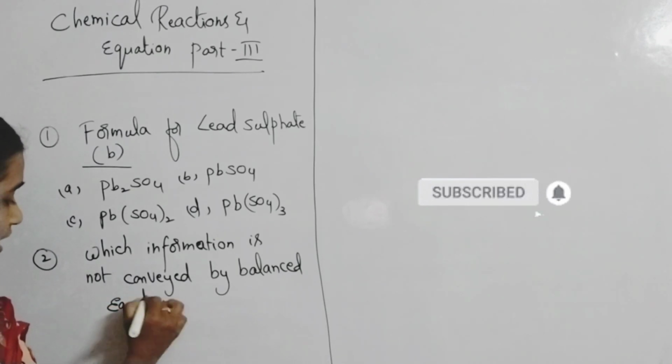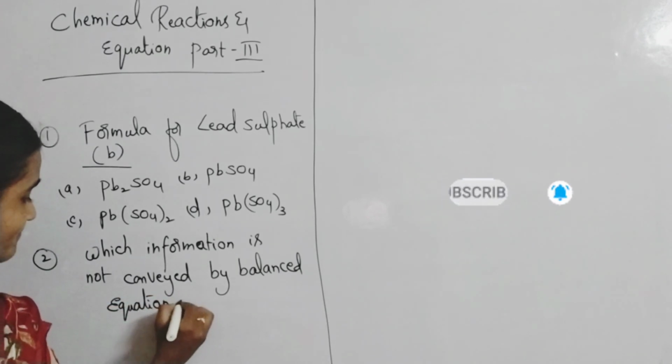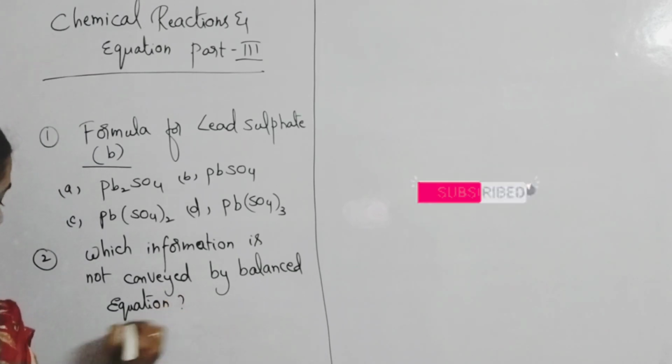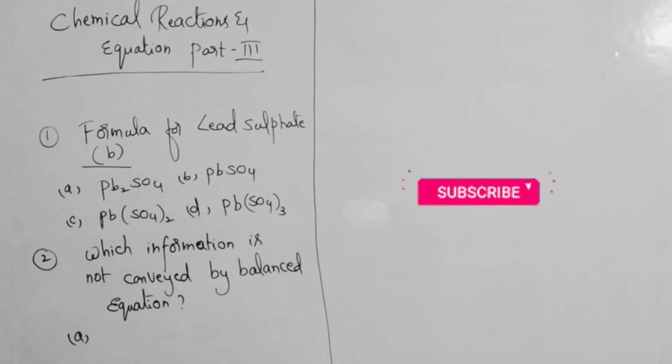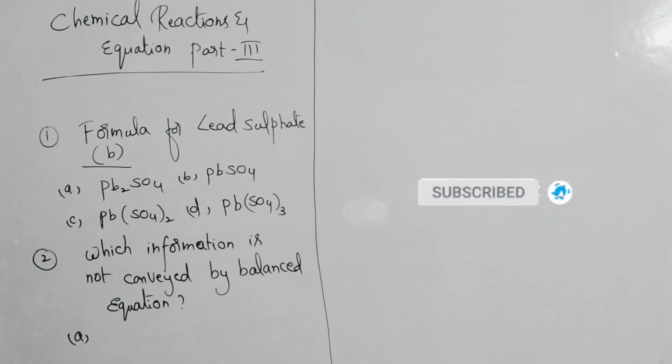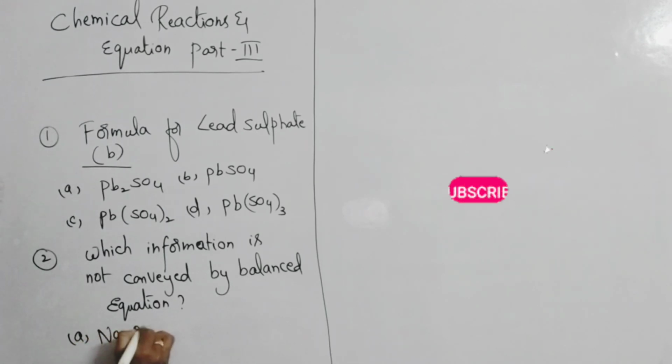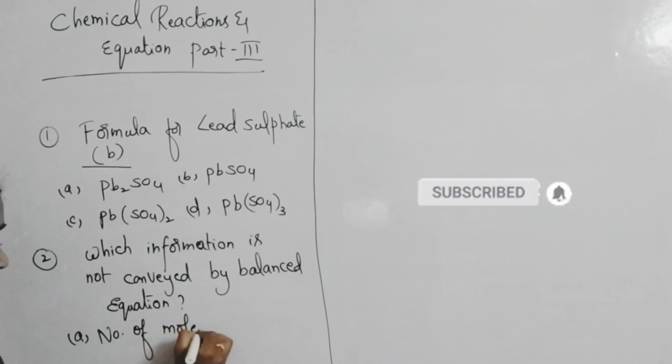It tells you about the number of moles of reactants and products. Here options are given like this. Option A, number of moles of reactants and products, as I just told you, it gives information about the number of moles.